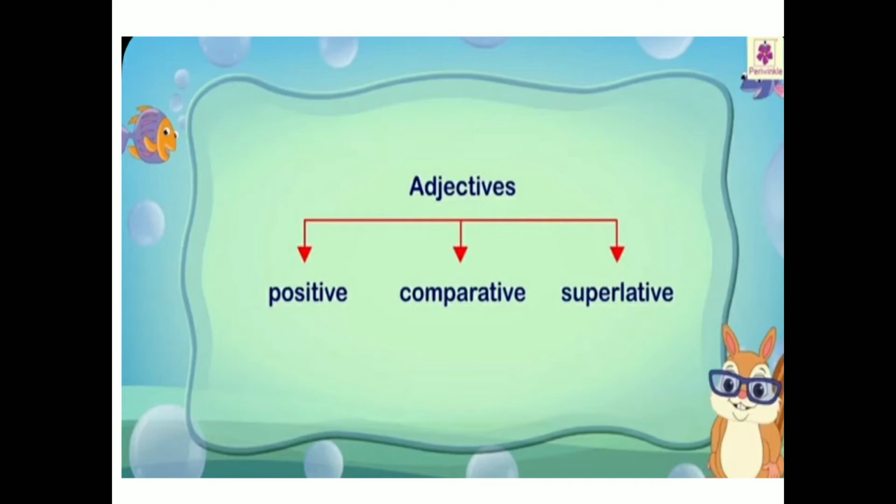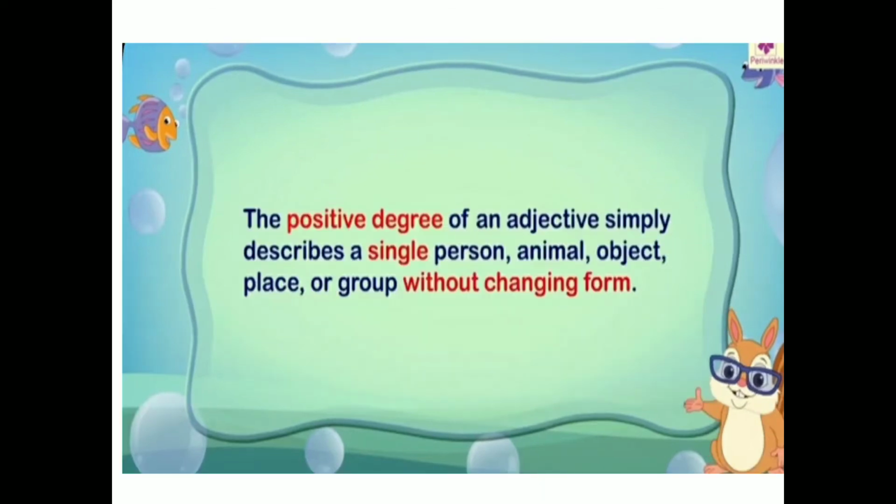Let's start with the first one, that is positive degree. The positive degree is used to refer to one object, person, or place without making any comparison. Positive degree simply denotes the existence of some kind of quality in the person or thing we speak about.